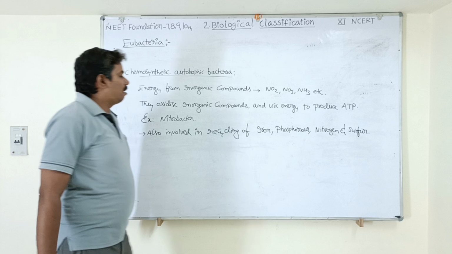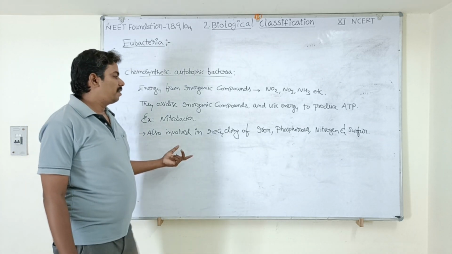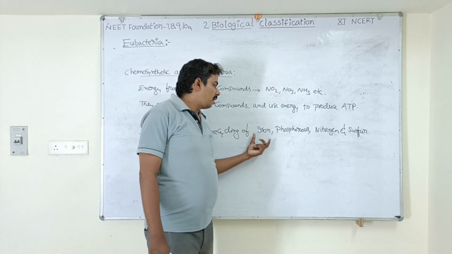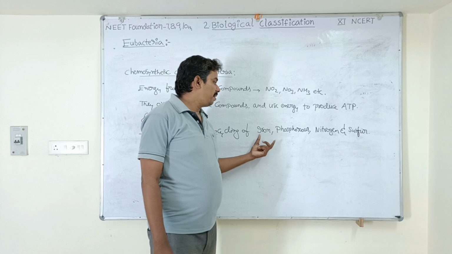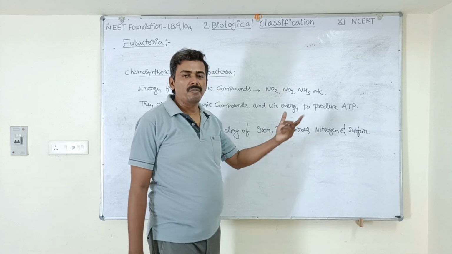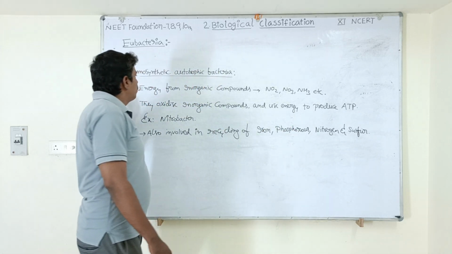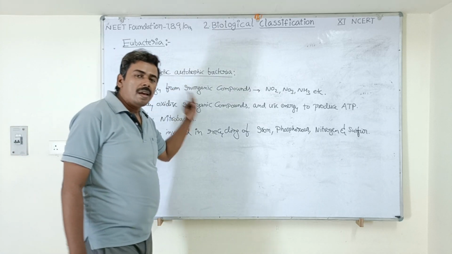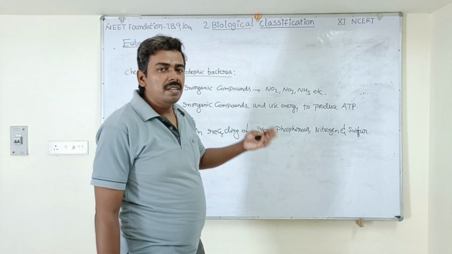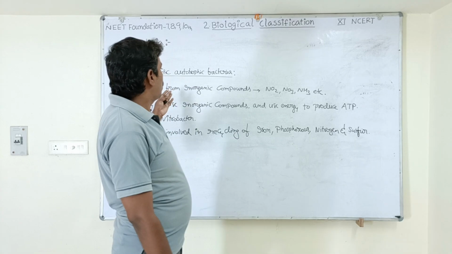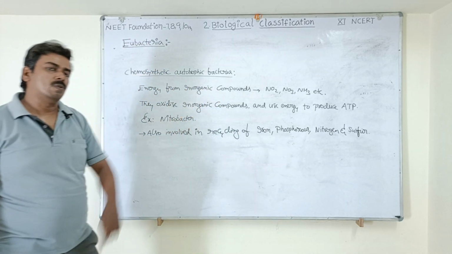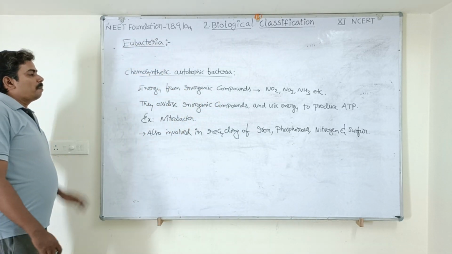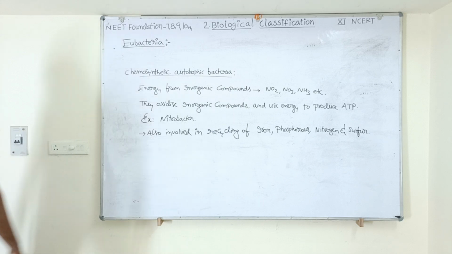They are involved in recycling of mineral elements like iron, phosphorus, nitrogen and sulfur. This is about chemosynthetic autotrophic bacteria. These bacteria can prepare their own food material, but the energy is not from sunlight, the energy is from inorganic compounds. Copy down, students.